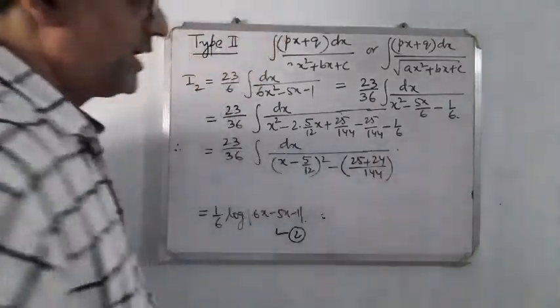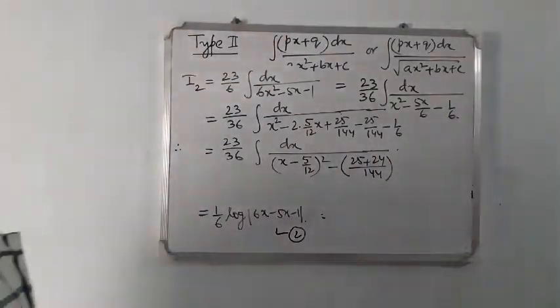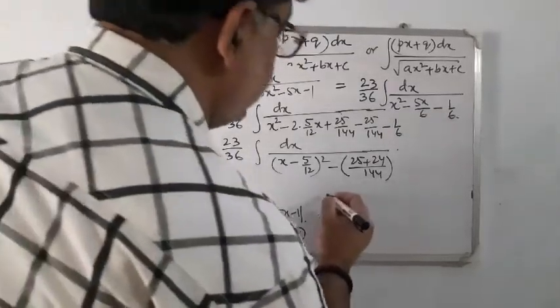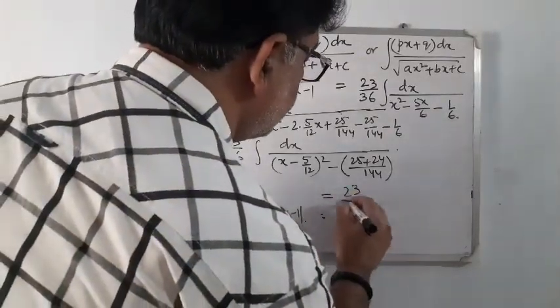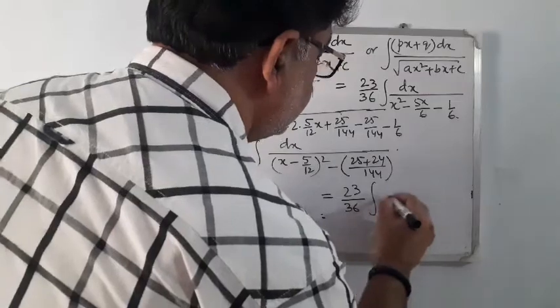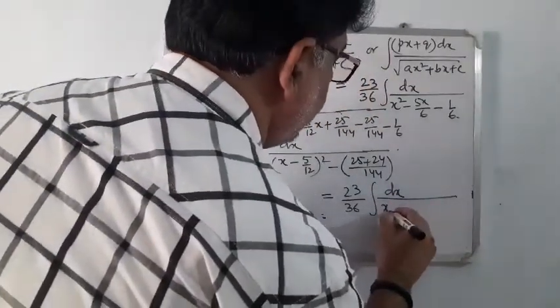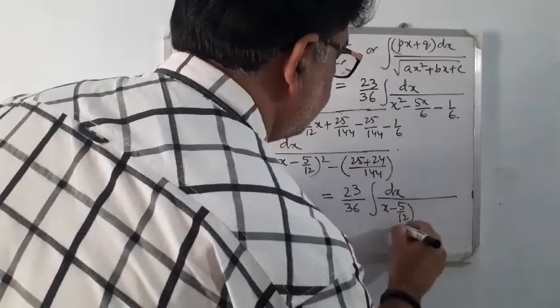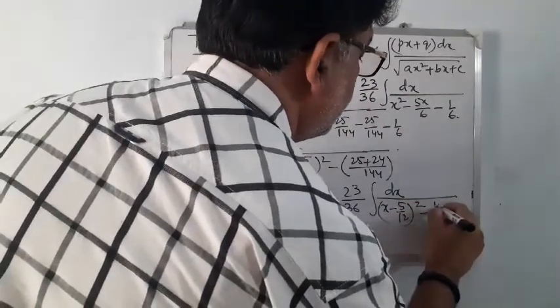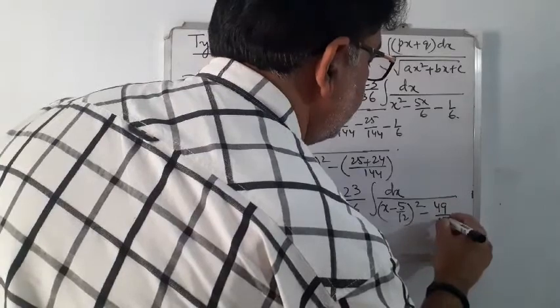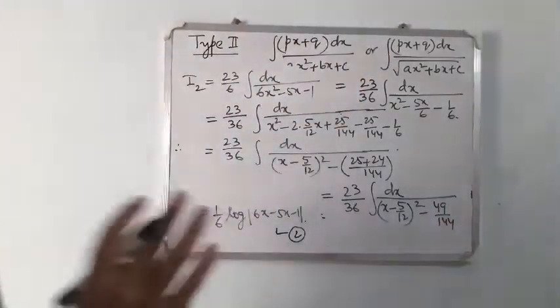So this result you are getting. So finally you will get 23 by 36 integral dx by, that is x minus 5 by 12 whole square minus 49 by 144. This result you are getting.